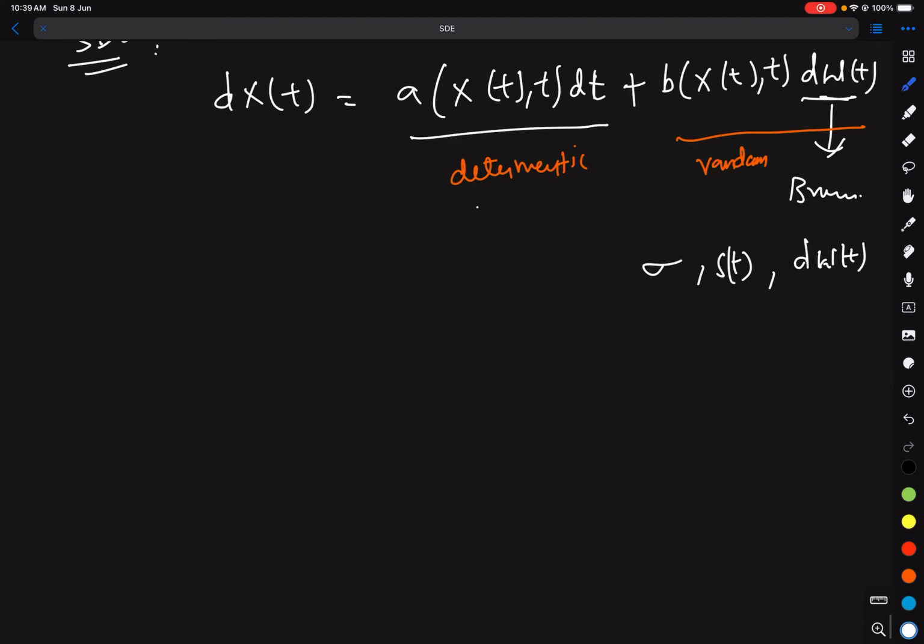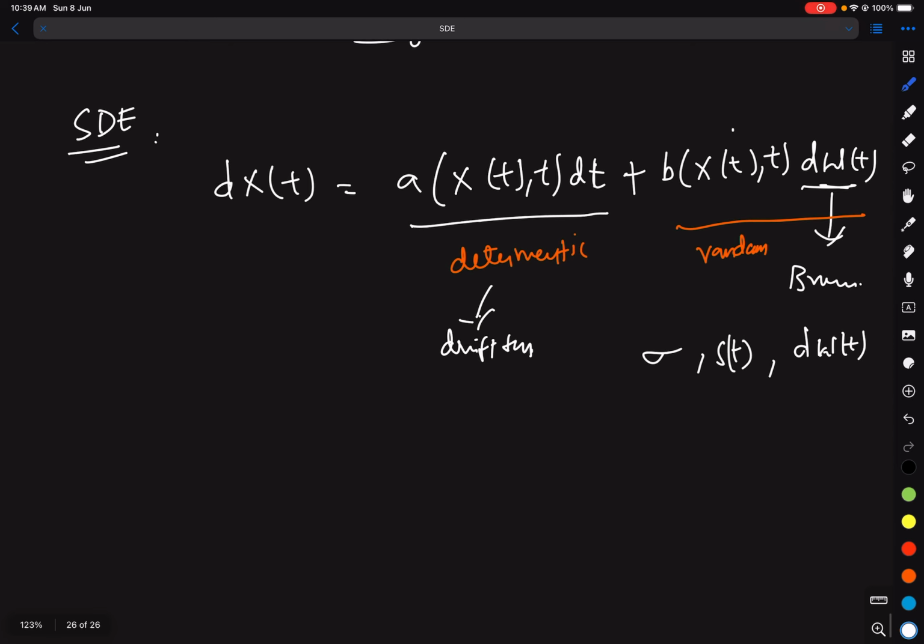This part can also be called a drift term, and this part can also be called a diffusion term. Now we saw what all the components inside this formula are, right?